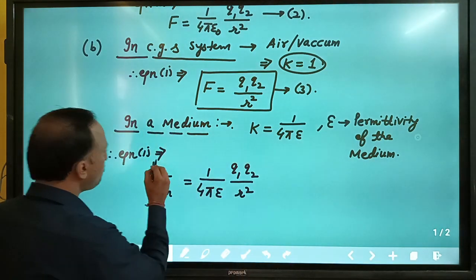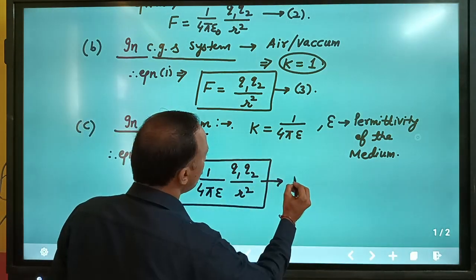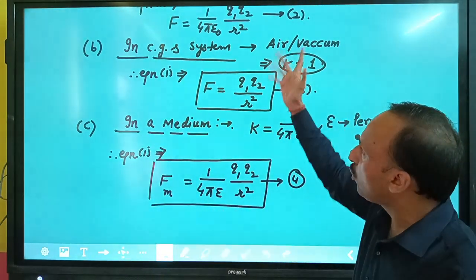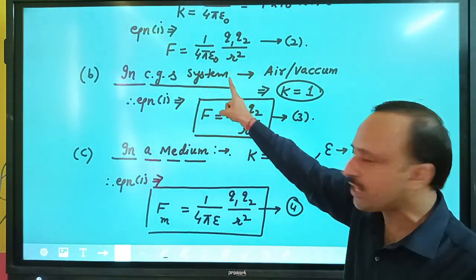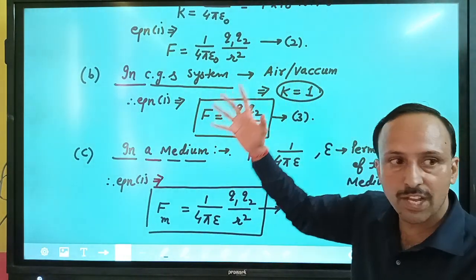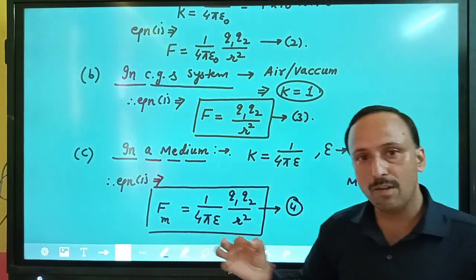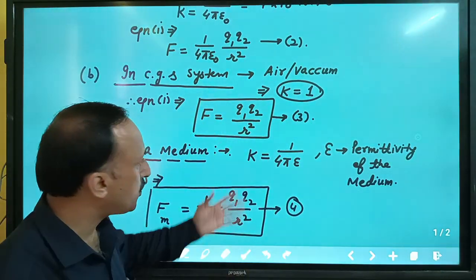So these are the respective equations while we are studying Coulomb's law. Number 1, in the SI system where air or vacuum is taken as the medium. Then second, in the CGS system where air or vacuum is taken as the medium between two charges. But at the last I am talking about a medium. The medium may be, say, water, maybe honey or something else.